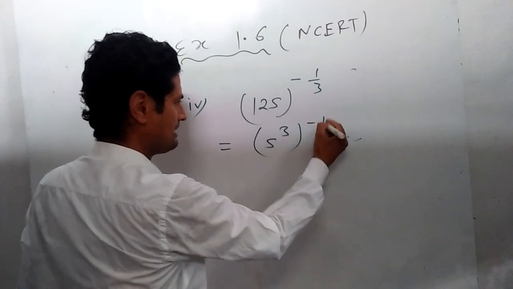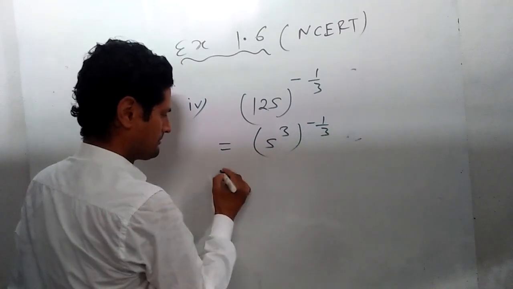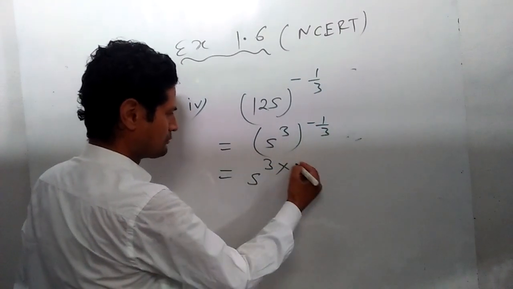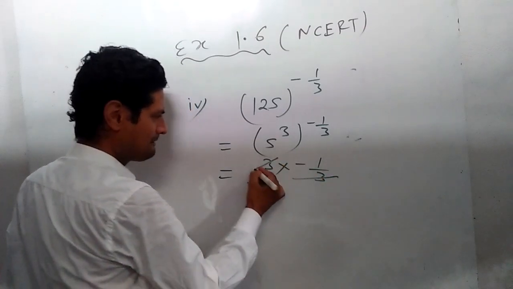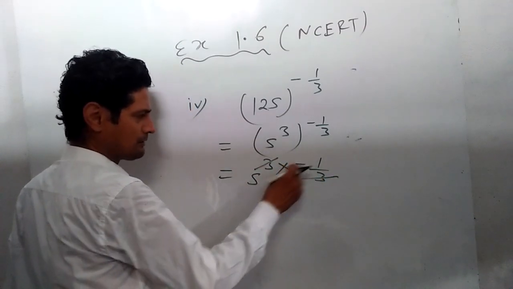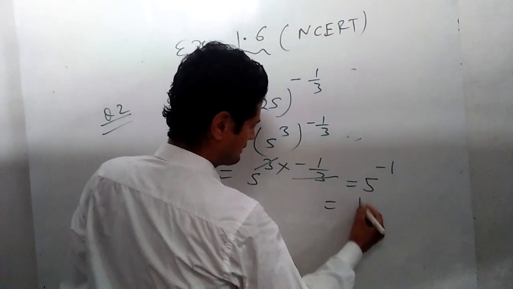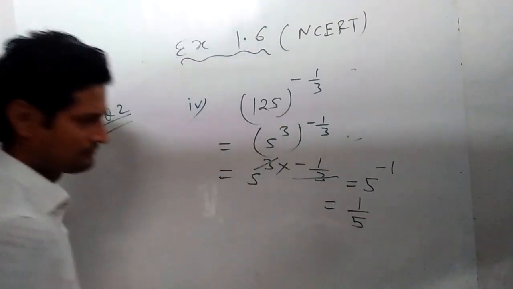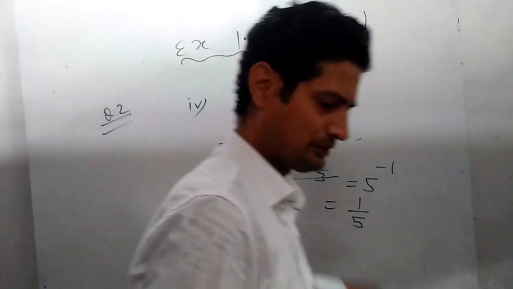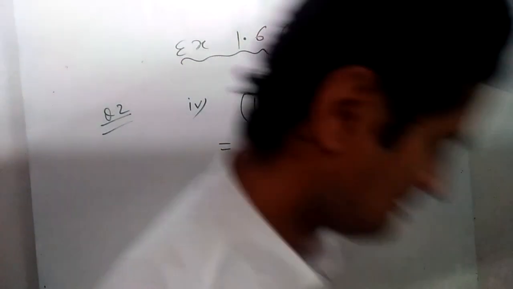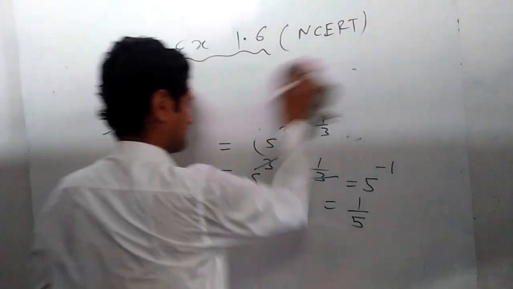Now minus 1 by 3. Power into power, multiply it: 3 into minus 1 by 3. The 3 cancels. Remaining part is 5 to the power minus 1. We can write it as 1 by 5.